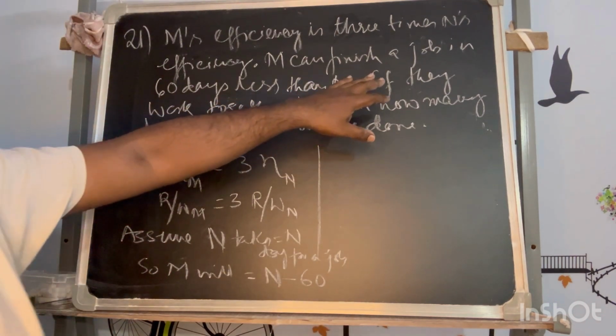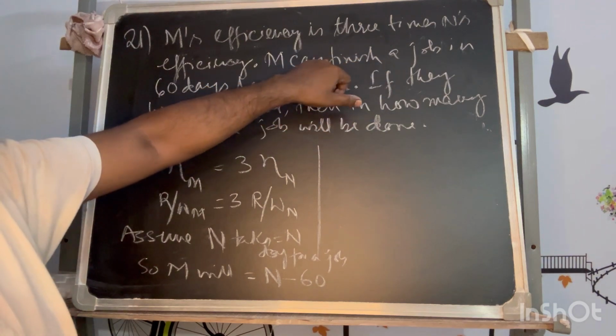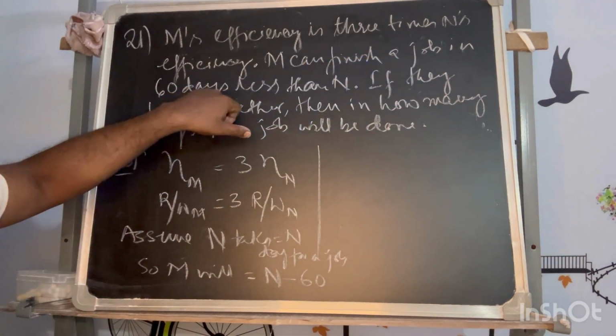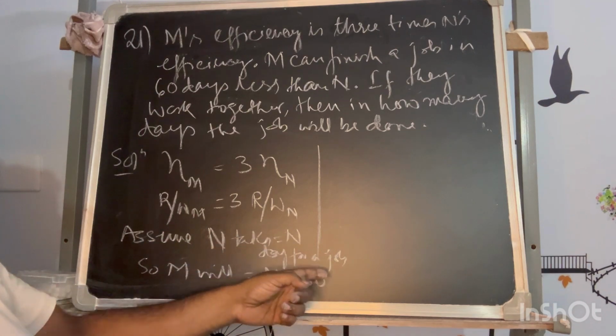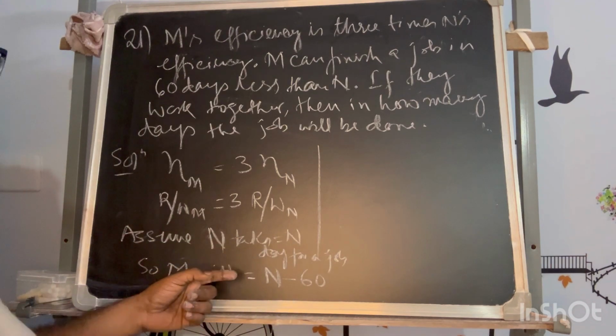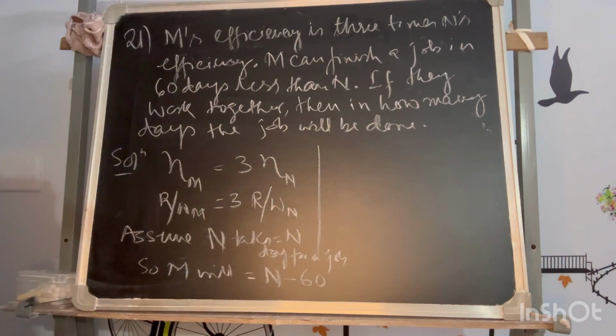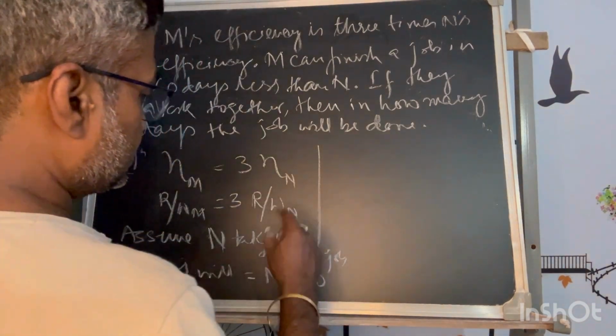This is the declaration: M can finish a job in 60 days less than N. So if N takes N days for a job, M will take N minus 60 days for the same job.